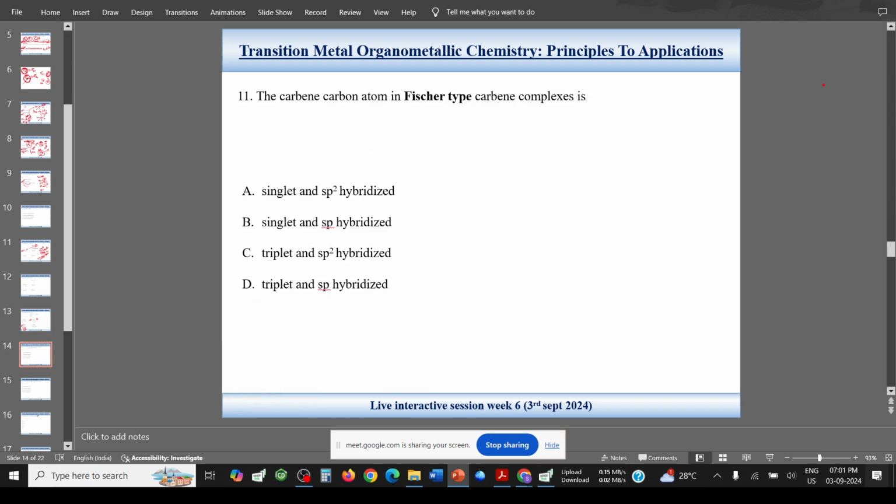Now the next question is from carbene chemistry. The carbene carbon atom in Fischer type carbene complexes is: Singlet and sp2 hybridized, sir.